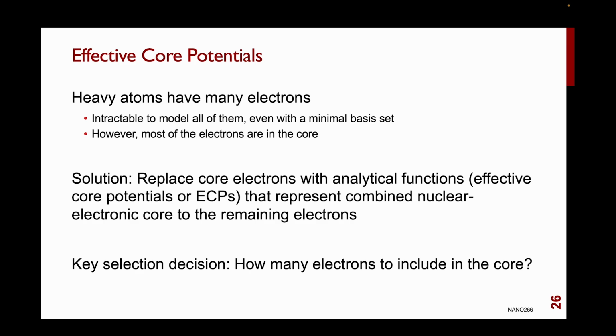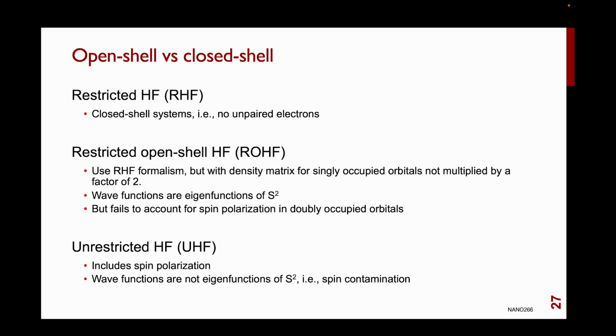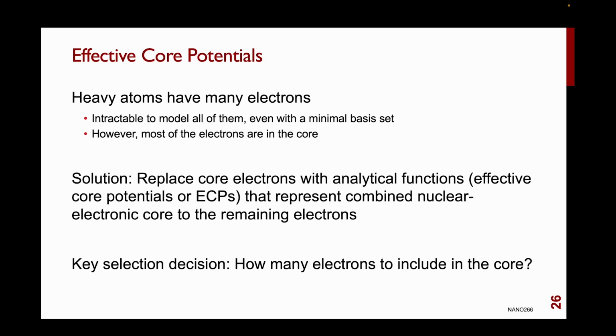But you may also sometimes want to include some of the outer orbitals inside the non-core part as well, so that you can model certain types of hybridization and interactions more accurately. Okay? All right, so you don't really have to worry about this for your lab number 1. For lab number 1, we are dealing with just the first 2 rows of the periodic table. For our quantum chemistry part, we are not worried about effective core potentials at all.